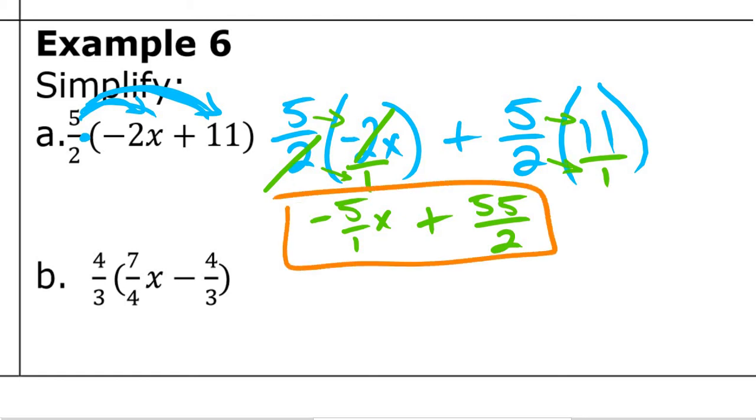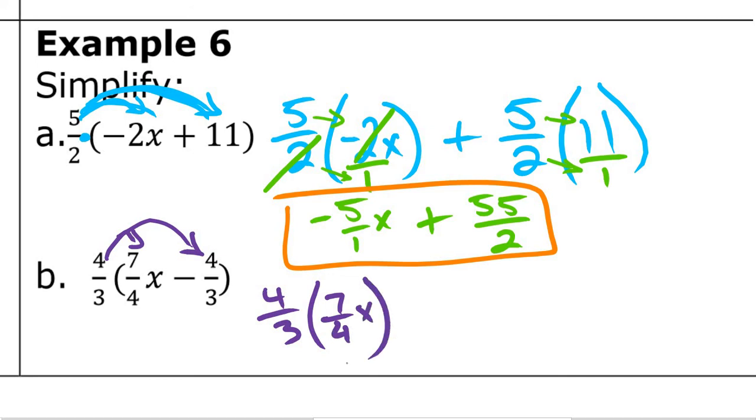All right, we have finally made it to the last problem. What do you have to do with this fraction which is in front of these parentheses? If you said distribute, you are correct. 4/3 times 7/4 x.